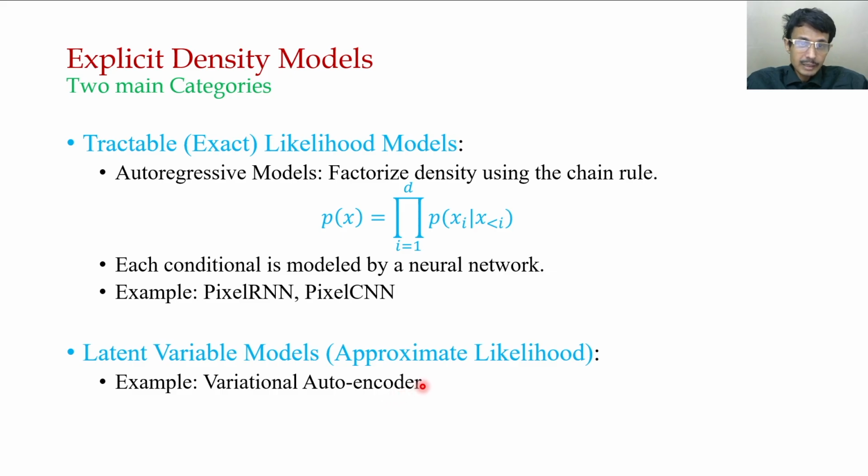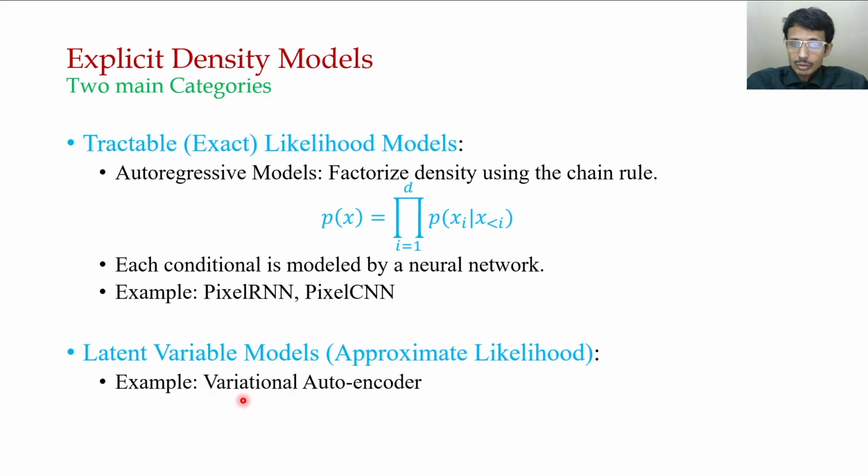That means it is not generative in nature. But how are we going to make a normal autoencoder into a generative model? That is the main understanding of variational autoencoder.